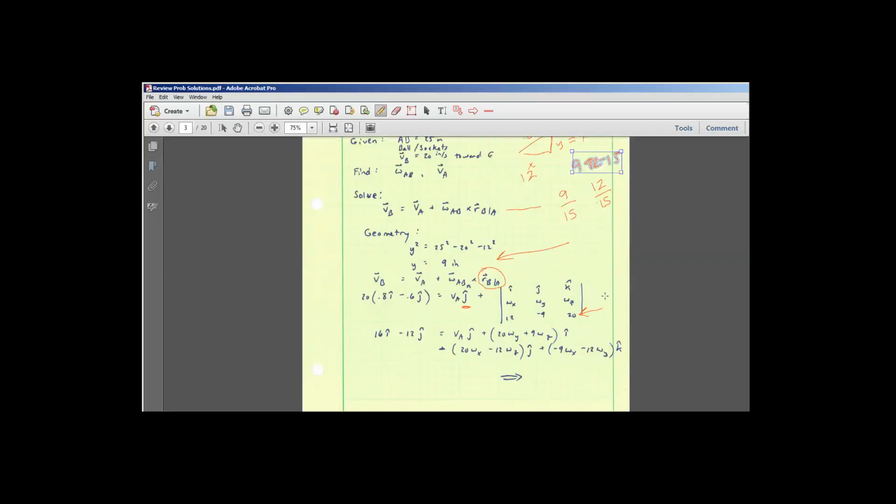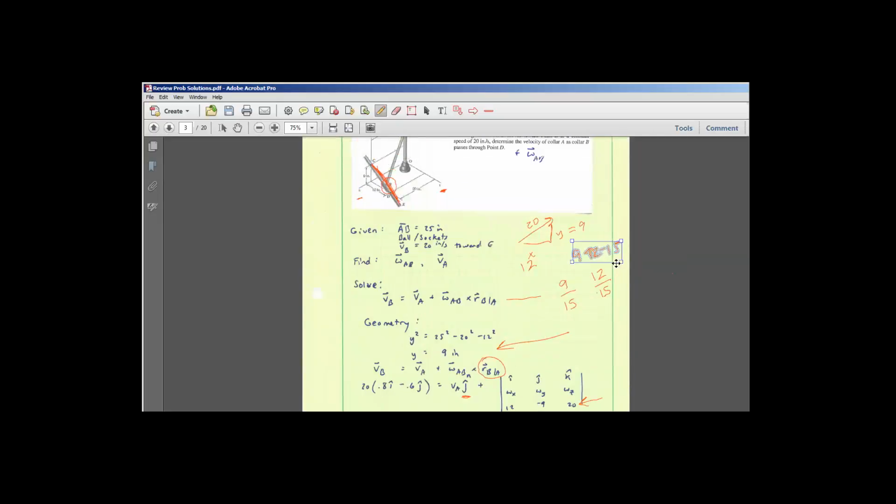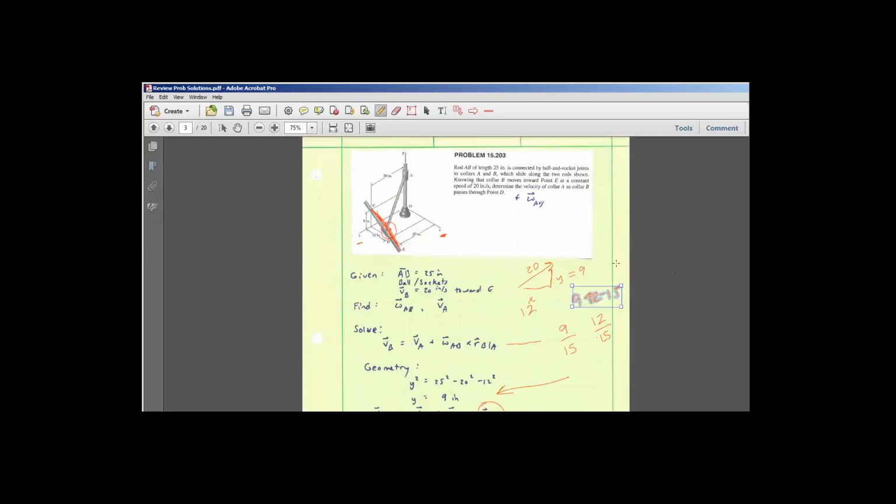When we look at the figure, I'm going to scroll back up to it.